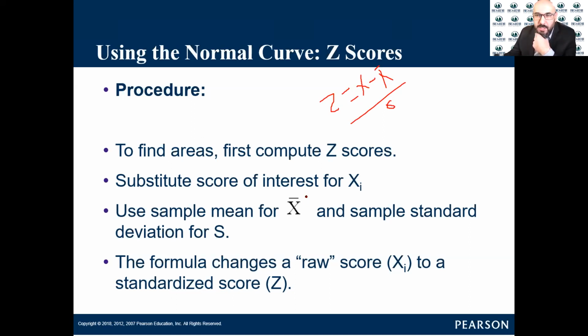You use the z-score table for the normal curve, and these exist in any textbook. For example, in my textbook, it's appendix A or appendix 1, and we will have to use that.